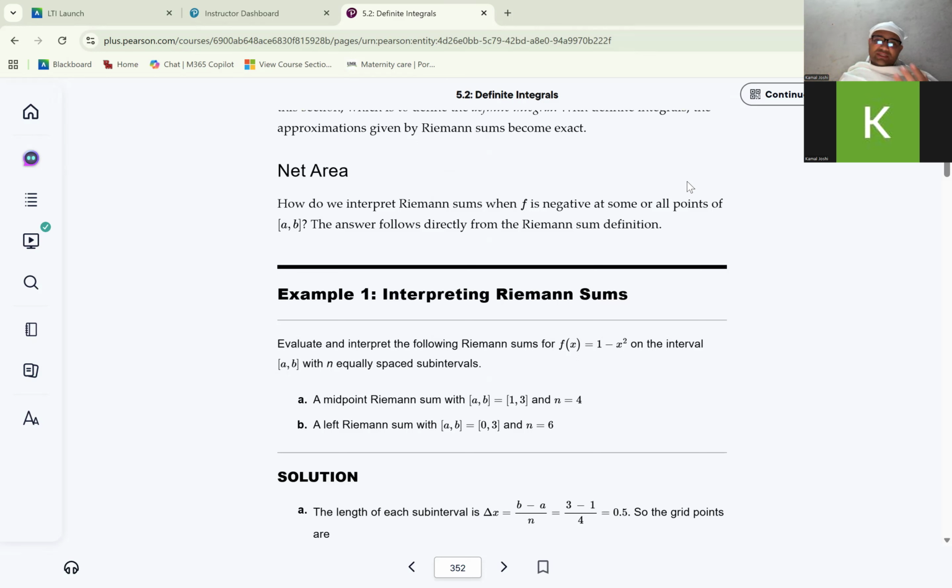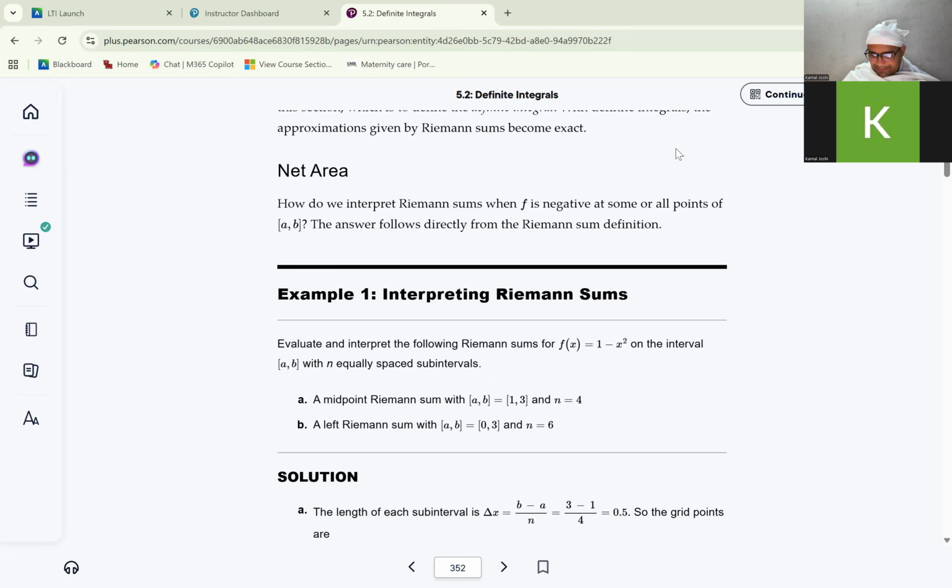When we try to make these concepts clearer, the concept of definite integral becomes clearer. So I will go back to some of these examples, which you will find familiar now. Here it says in example 1, interpreting Riemann sums.